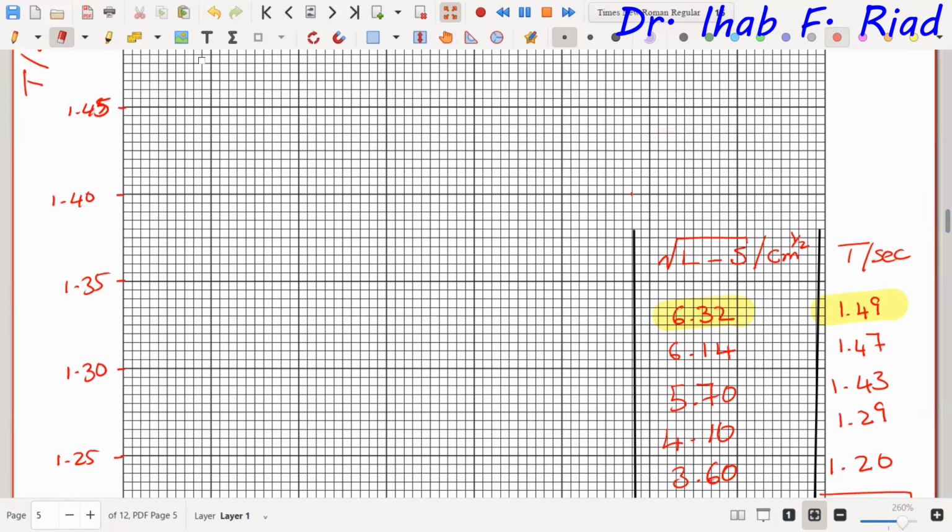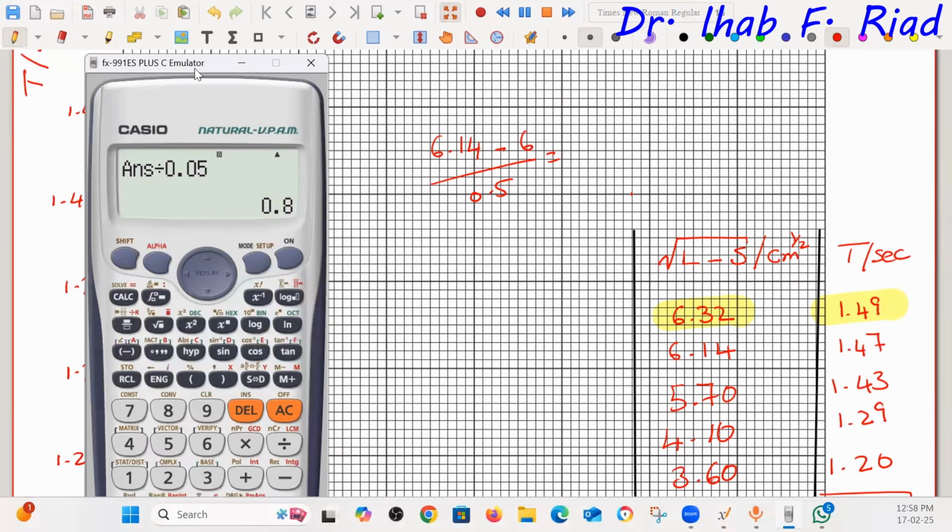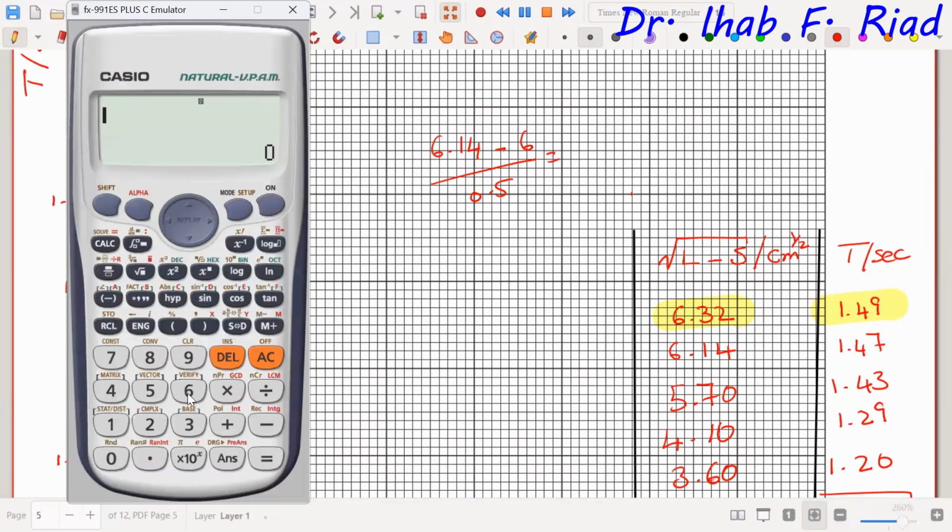6.14, 1.47. Again, 6.14. What is closest to it is 6, and we divide by 0.5. 6.14 minus 6 divided by 0.5 is 0.28.